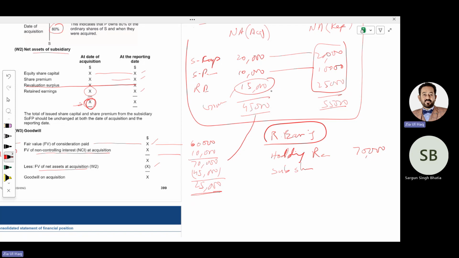How much is the profit for the year? 10,000. Now we will not include the complete 10,000. We will calculate 80% of this 10,000. How much is 80%? 8,000. So now the retained earnings for consolidated financial statements will be 78,000.